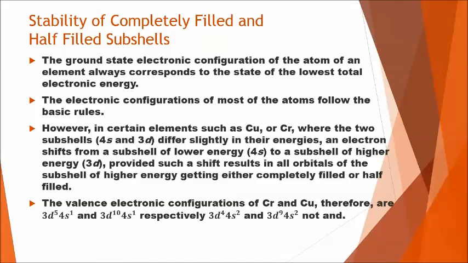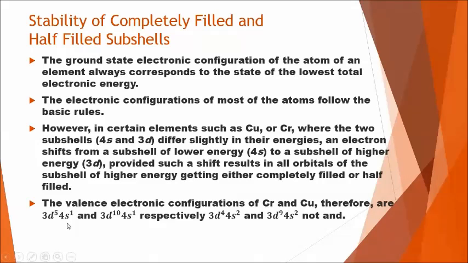But according to the d block, or the transition elements' general outer configuration, it is (n-1)d1 to 10 ns2. Because of that form, this configuration is written 3d5 4s1.